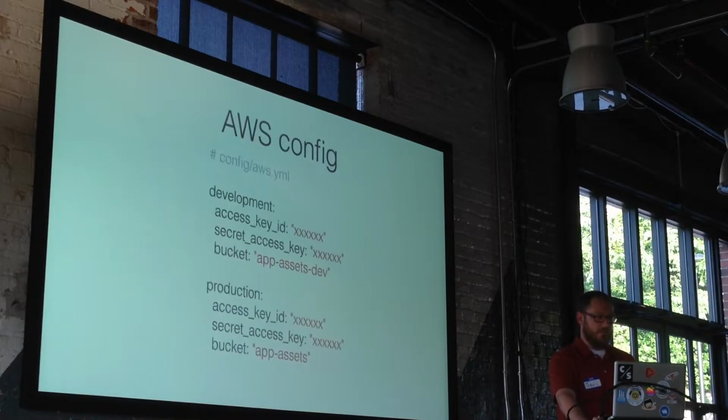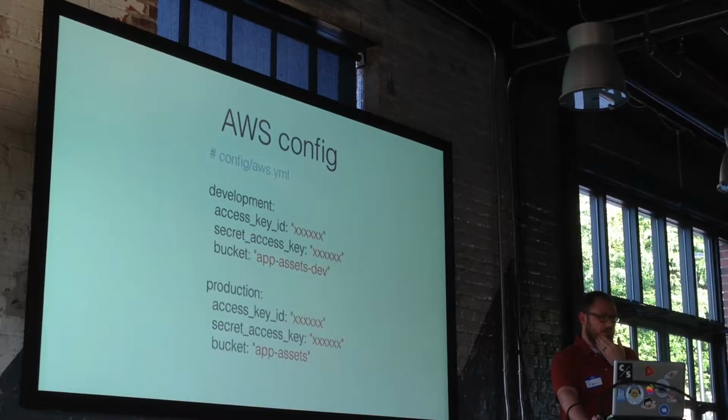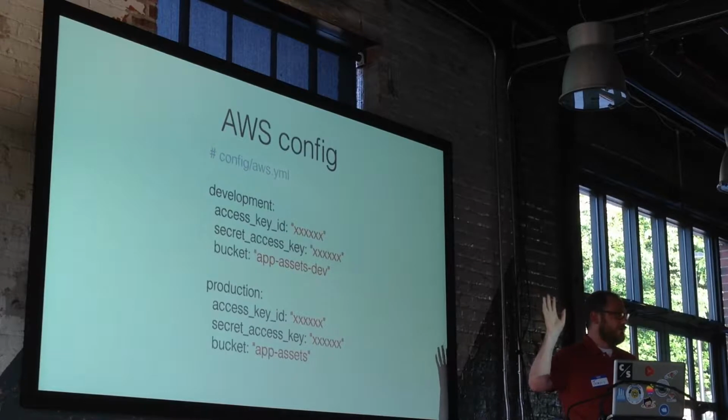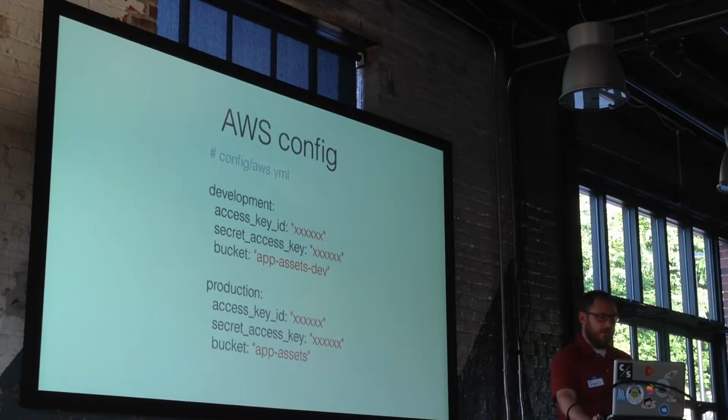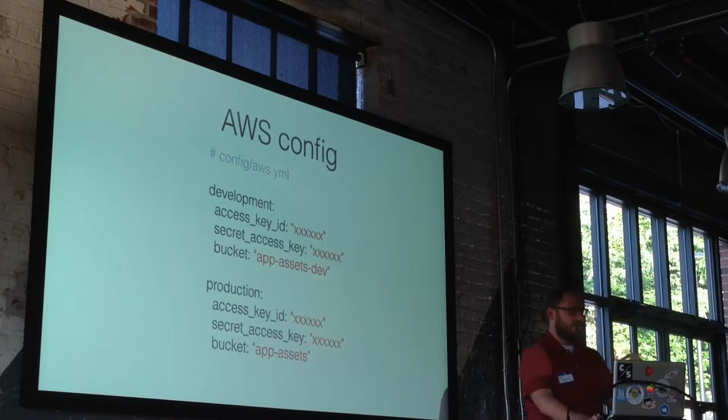And then to use asset_sync, you'll need to give it AWS credentials. You can either create a YAML config file if you want, or if you're on Heroku or a server that supports environment variables, you can put all of this stuff in environment variables instead, so that you don't have to worry about either having a dist file in the repo that somebody has to copy over and populate the credentials, or having your credentials in your GitHub repo.